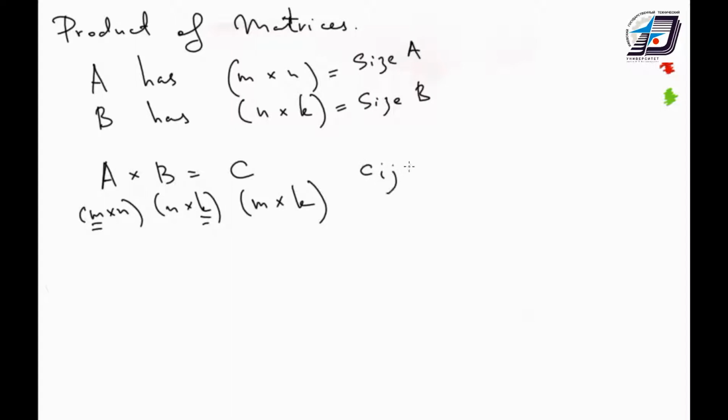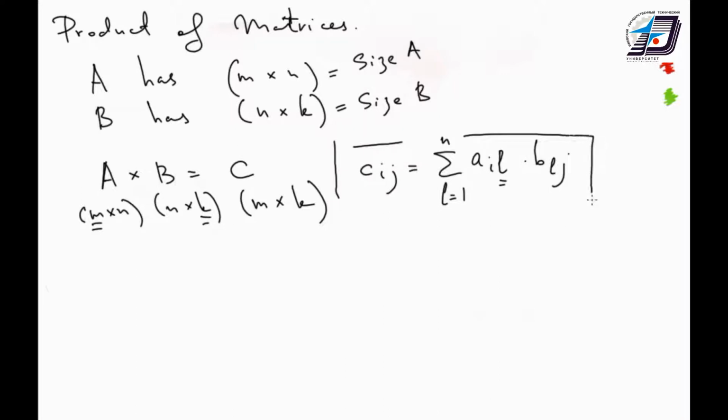Each element of matrix C I denote like Cij equals: you have to take elements at the i-th row of matrix A, A_il, times B_lj, taking the column j, and make a summation along the l index from l equal 1 to n. This is the formula.